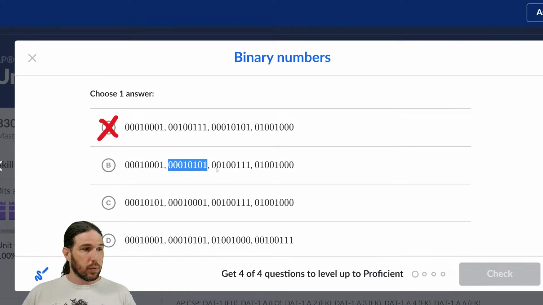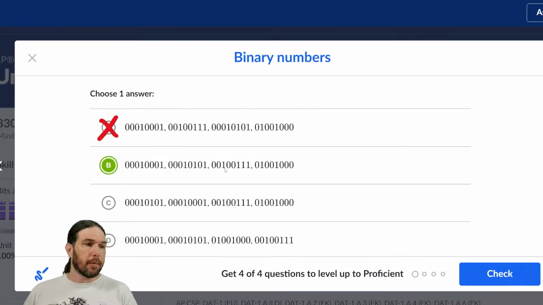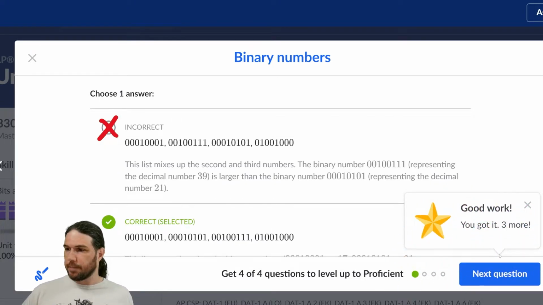How about this next one? 001, we already know it's bigger. The moment we have a 1 that is further left than any of the ones in the other 2, we have a larger number. Again, this is just like with decimal systems. You're just not used to looking at it with only zeros and ones. I believe B is the correct one. Very nice.